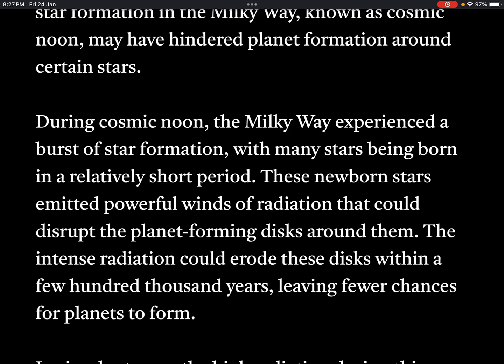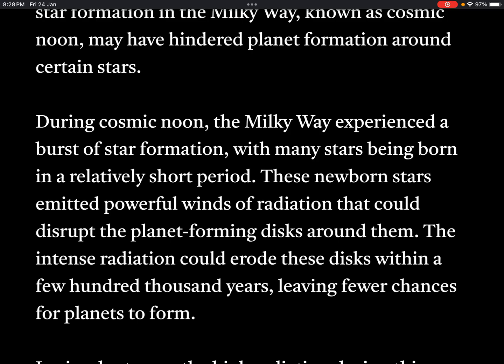So stars need a long period of time to be born, but in some cases they were premature, as I said. These newborn stars emitted powerful winds of radiation that could disrupt planet-forming disks around them. So there is a star and there are some planet-forming disks moving around the star.